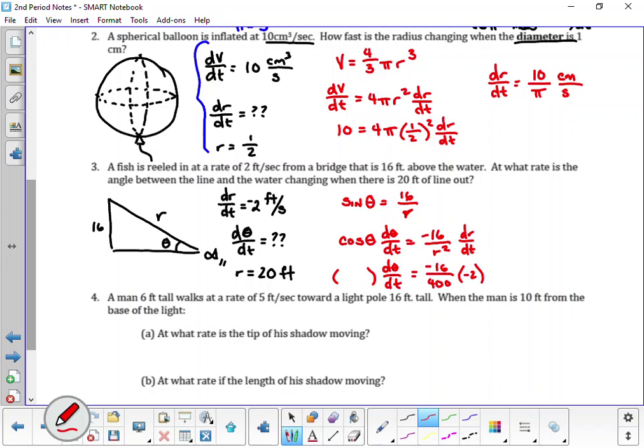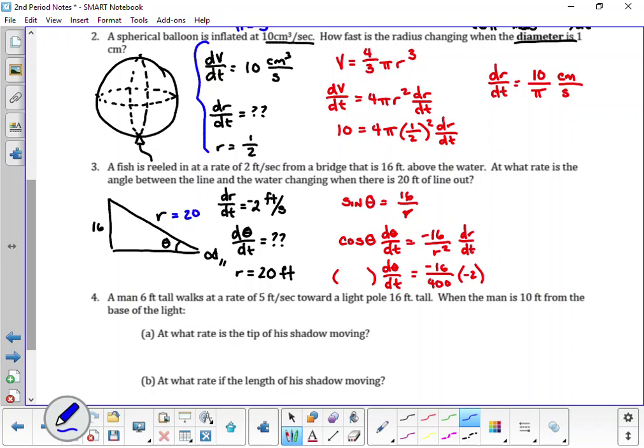But how do I figure out what cosine theta is? If r is equal to 20, then I don't need to find this angle. I don't do sine inverse on your calculator of 16 over 20. All I need is this side, because I can figure out cosine of that angle easily. If this is 16, that's 20. Yeah, it's a 3, 4, 5 triangle, only bigger.